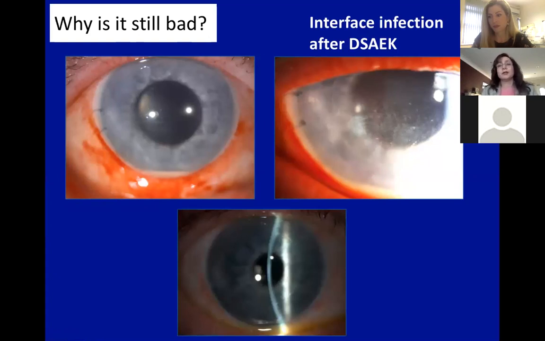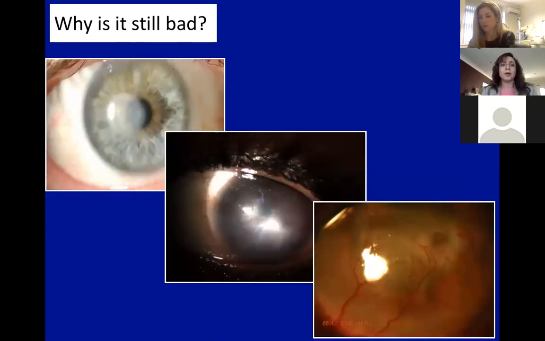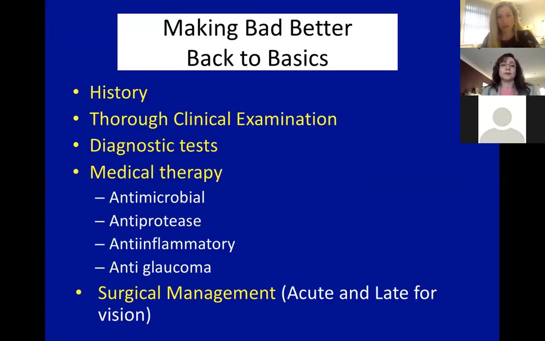So these interface infections are very treatable if you can discover them early, because otherwise you may need to repeat your grafts. And after you've done everything, you end up with a scar. So you still need to do further surgical procedures to try and get the patient to see well, and further visual rehabilitation. So these are the problems with infectious keratitis.